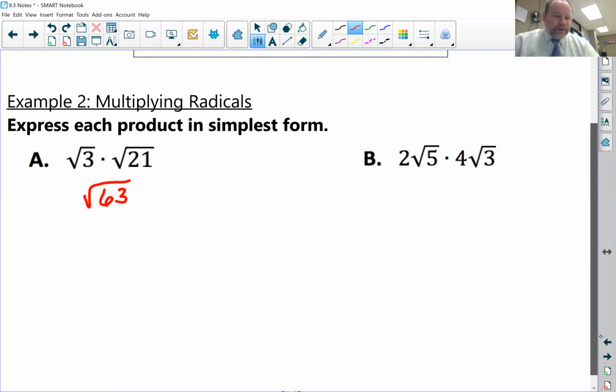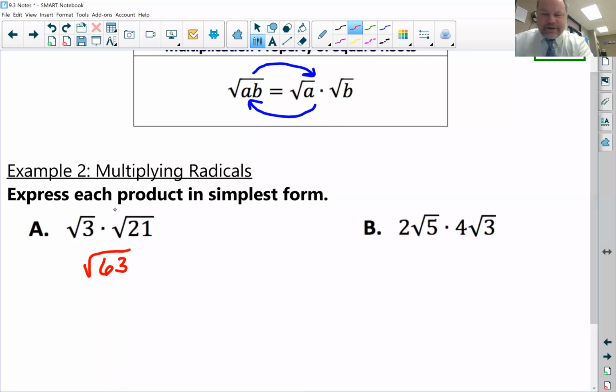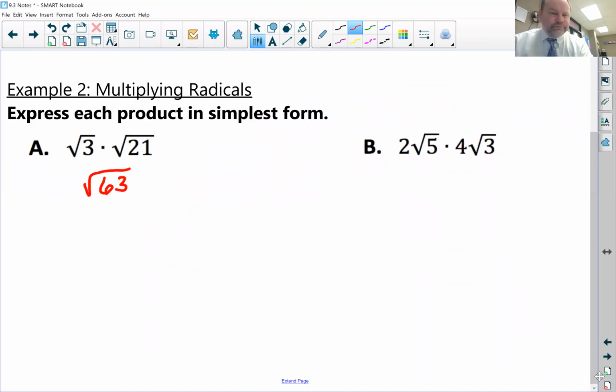And now finding the simplified version. If I use the factor tree, 2 is not going to be a factor because it's not even. Pretty clear that 3 is a factor. That's what we multiplied 21 by to get 63. 21, if I add the digits, that adds to 3, so it will be evenly divisible by 3.